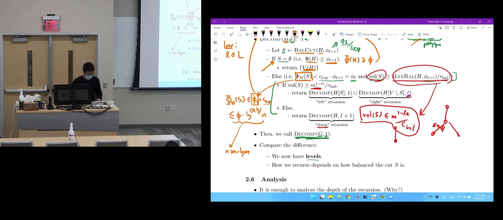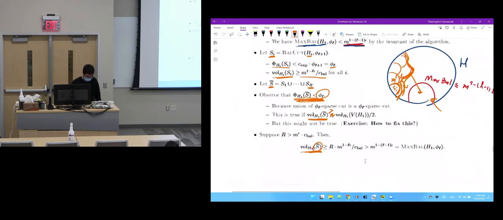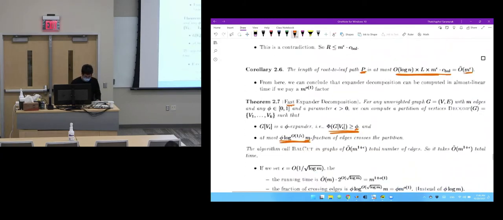So basically the fraction of edges that we ever cut is something like this. So this is why we can conclude that the first thing is correct. Every part is a phi expander, and the total fraction of edges that we cut is something like phi times this polylog. Okay.